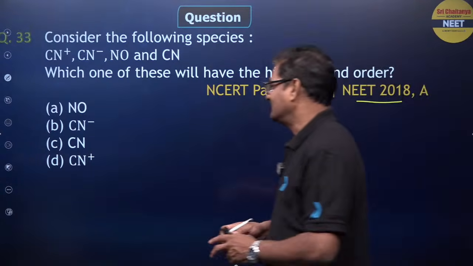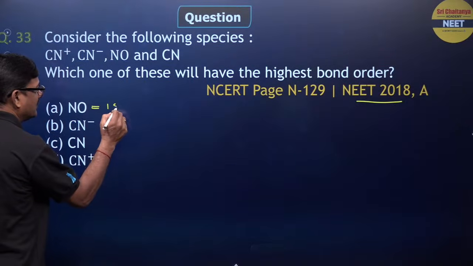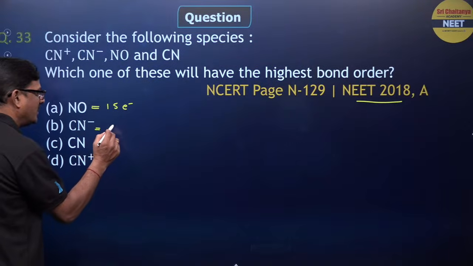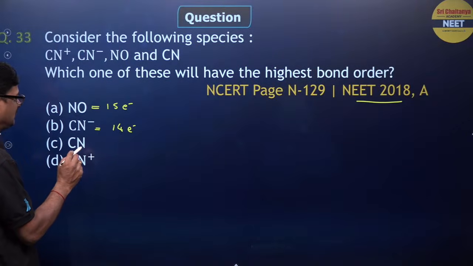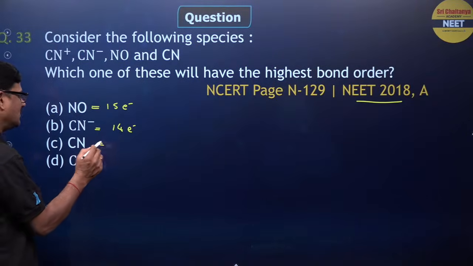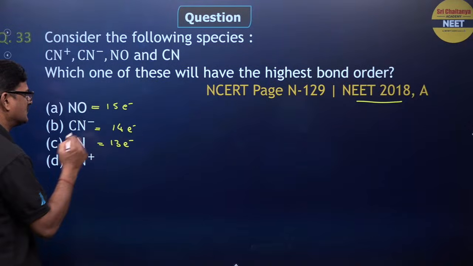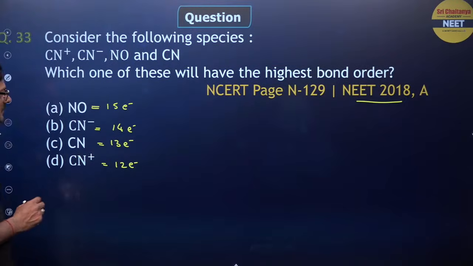So let us say nitrogen and oxygen, NO, it is going to have 15 electrons. Carbon and nitrogen, CN-, it is going to have 14 electrons, and CN, it is going to be 13 electrons, and CN+ it is going to be 12 electrons.